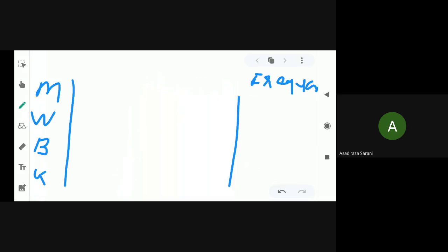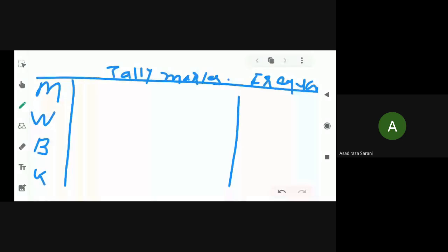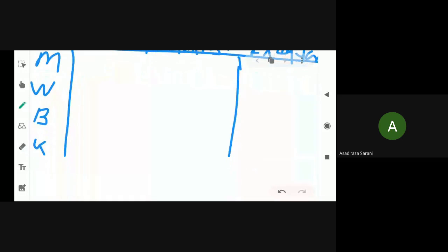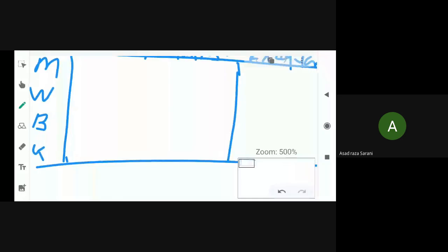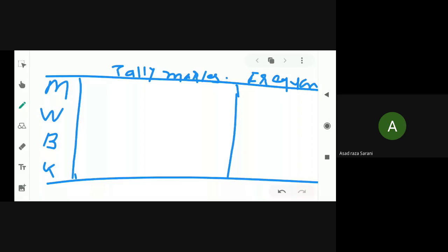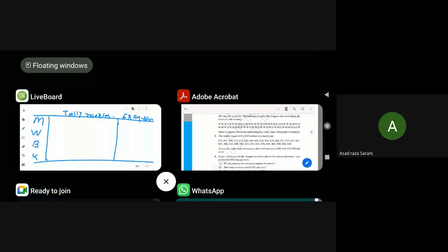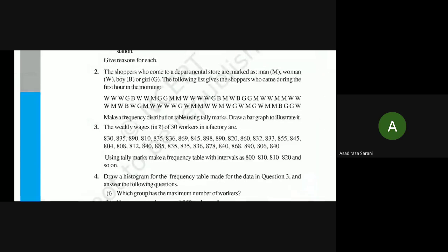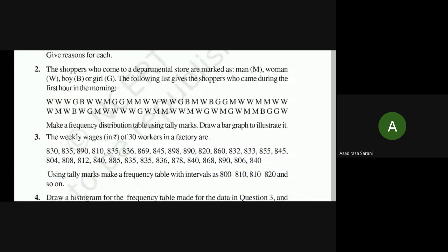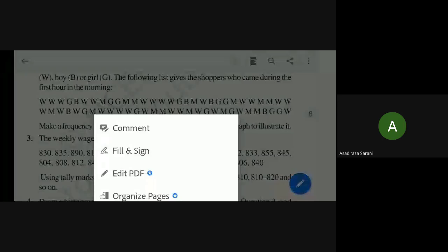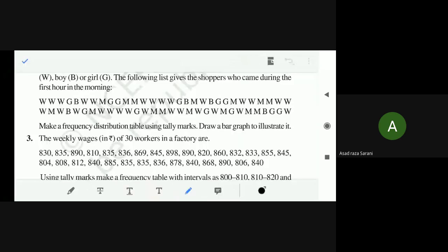Frequency. It is tally marks. See here. We are counting first of all men. Let's count here how many men visit the shop.